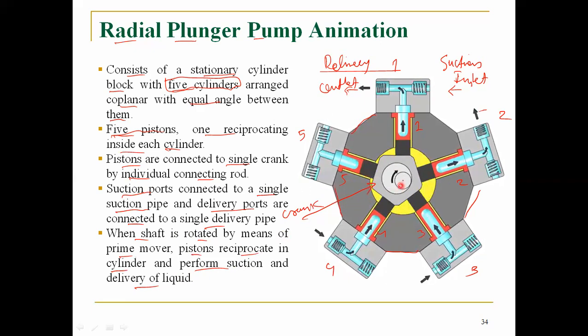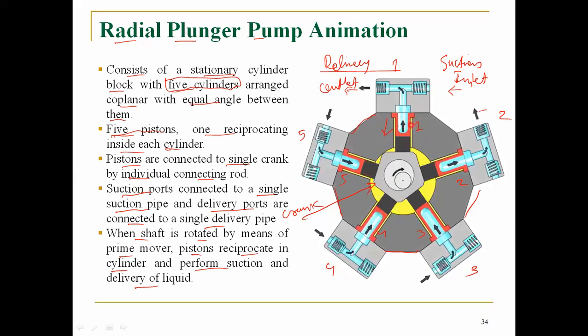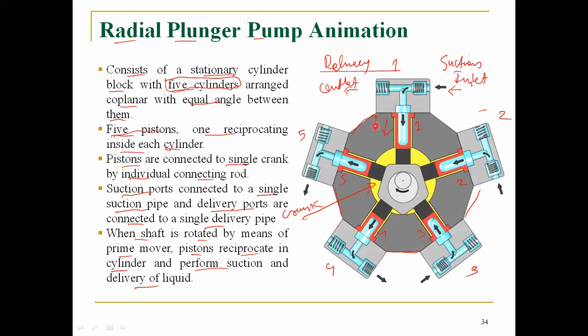You can see that as this cam follower moves, the piston also moves. When the piston moves in the downward direction, suction happens. When the piston moves in the upward direction, delivery happens.